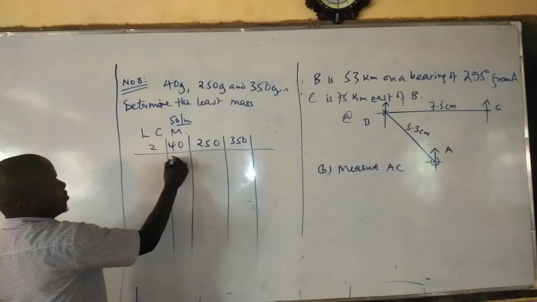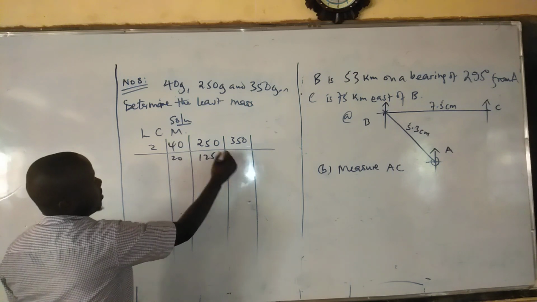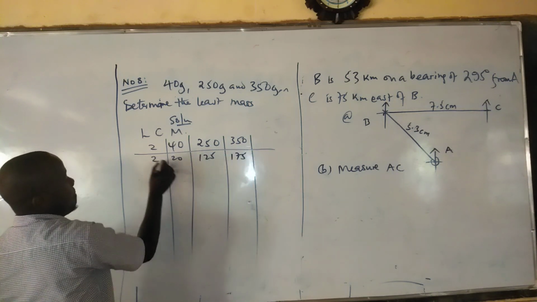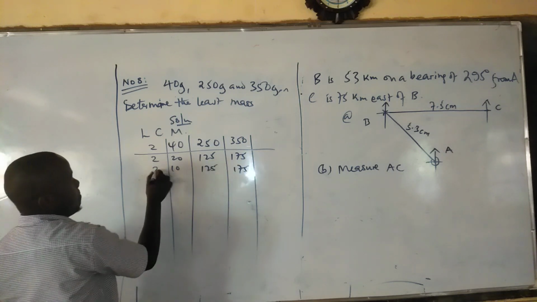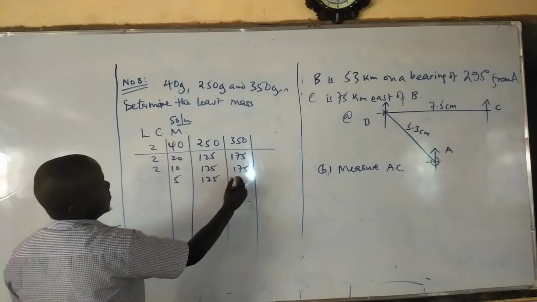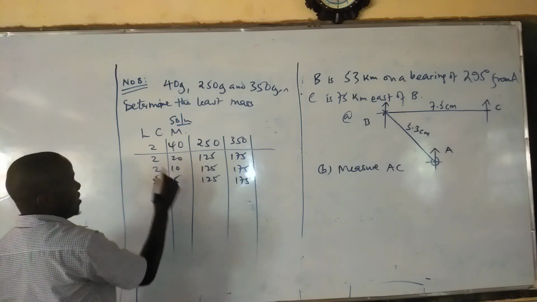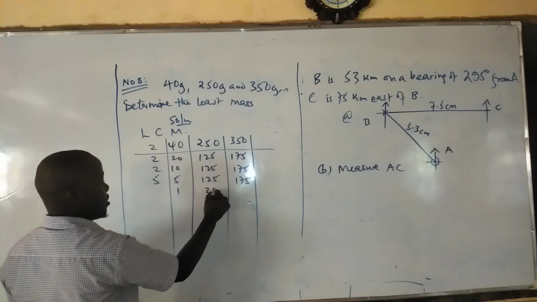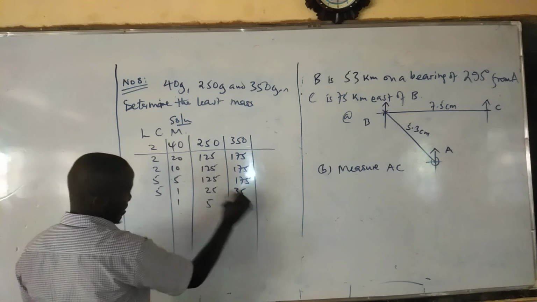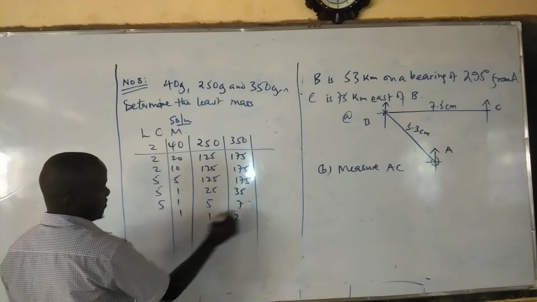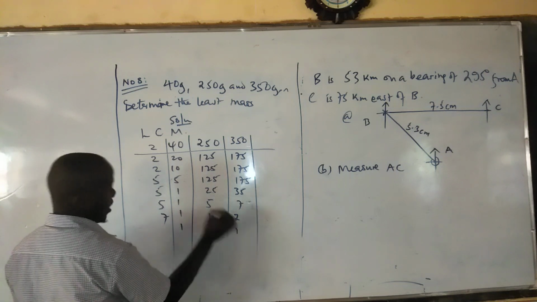Therefore, by 2: 20, 25, 175; by 2: 10, 25, 175; by 2 again: 5, 25, 175; by 5: 1, 5, 35; by 5 again: 1, 1, 7; then by 7: 1, 1, 1.